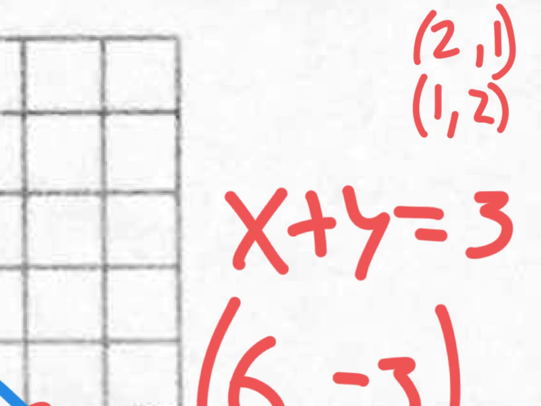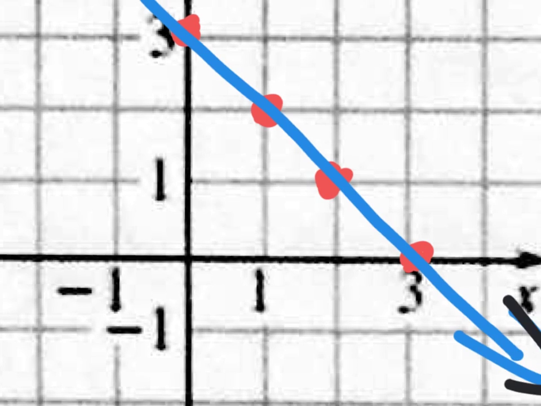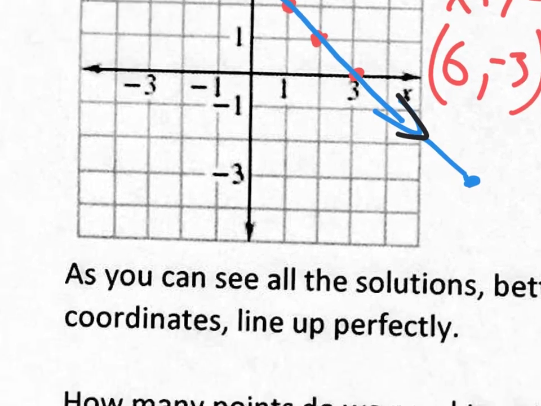So if I did go to the graph, it would still be true, because if I went 1.5 and I went 1.5, I would be on that line anyway. So this line really does represent every single answer that exists. Even if it's a decimal answer, like 1.5 and 1.5, it'll be on there. Okay.